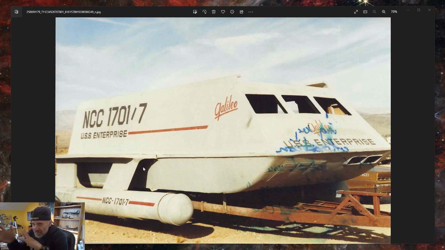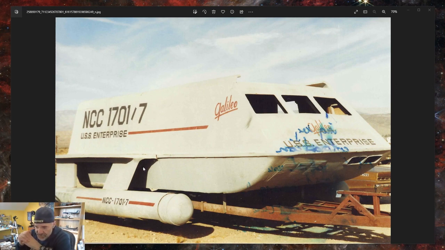This is fairly recent. And this is the same model that was in Houston, and it was in storage, and it started to disintegrate and fall apart and neglected.